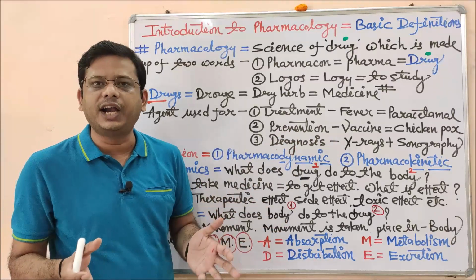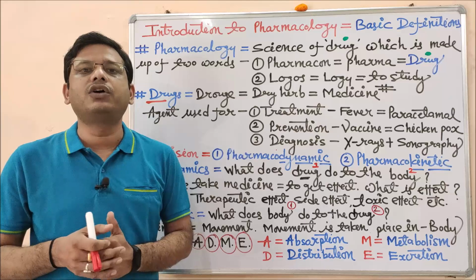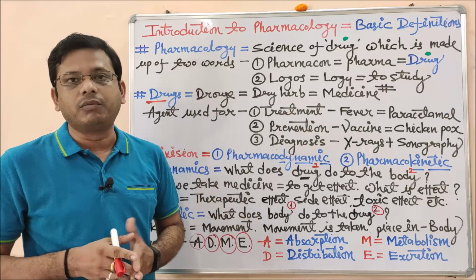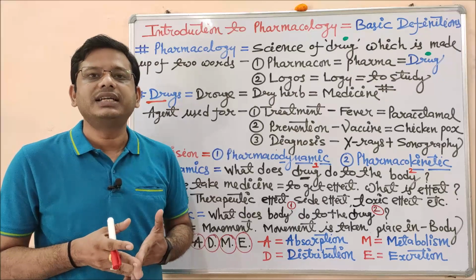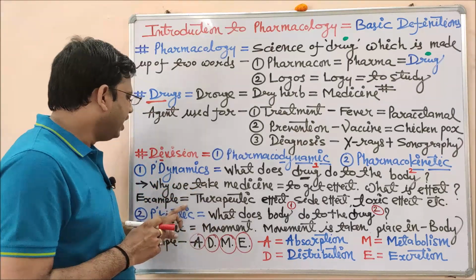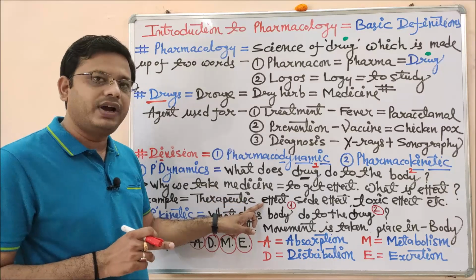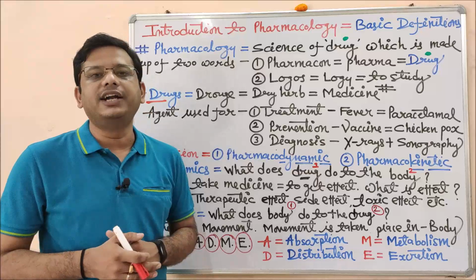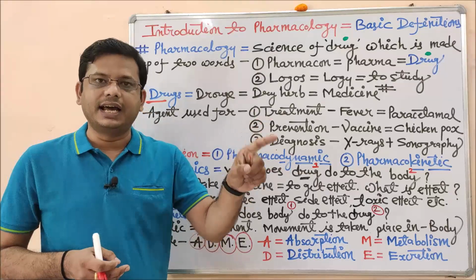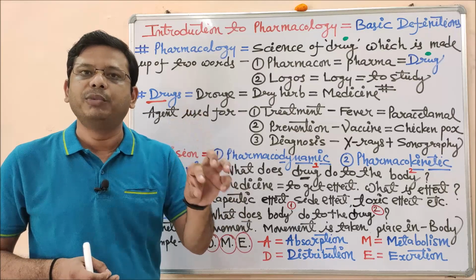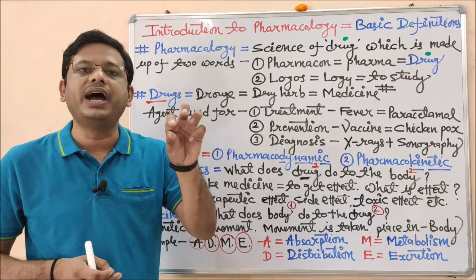Everyone expects this from any kind of drug, but exactly it does not take place. 80% it gives the desirable effect, but maybe or maybe not this percent. 20% is undesirable effect. It can be a side effect, or an unwanted effect. It includes all, either side effect, toxic effect, or any kind of lethal effect. Both effects, desirable and undesirable, are included under the pharmacodynamic effect which is given by the drug.